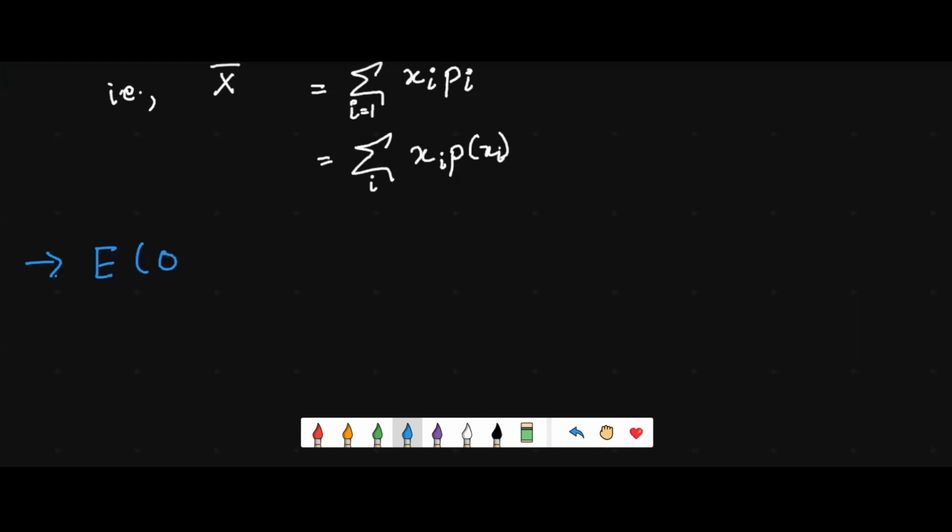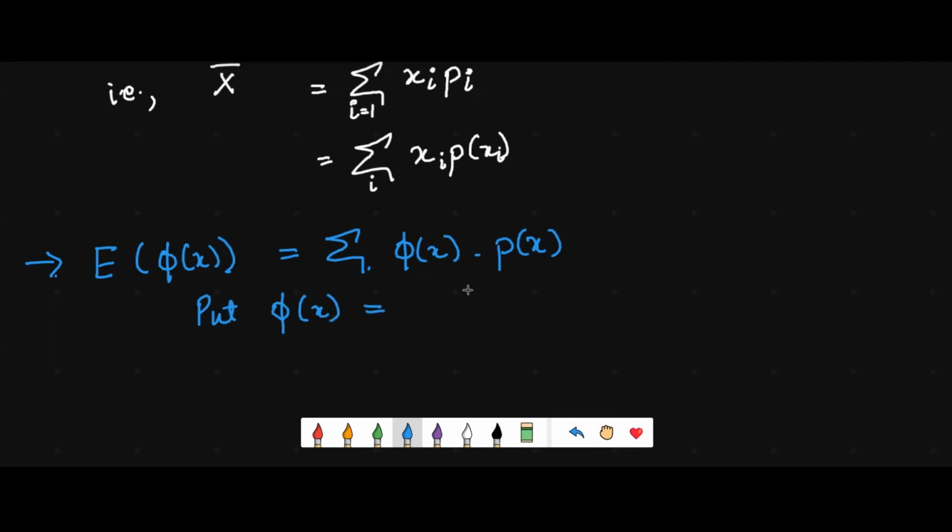Expectation of phi of x would be summation phi of x into p of x. So by the definition, this would be the formula for the expectation of phi of x. Now, phi of x could be anything. Now, if we put phi of x as x square.